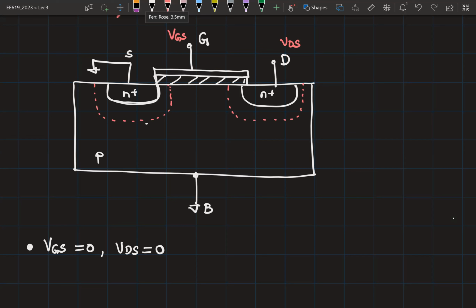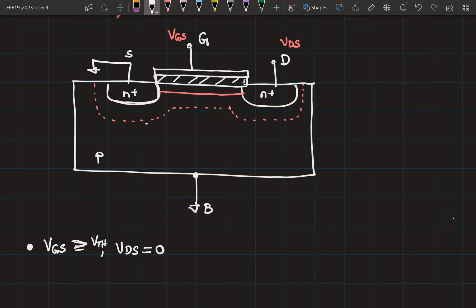Now, as you increase your VGS, you will have a depletion region being formed under the channel, formed under this gate. And then you will also have a channel forming under this. Okay, so this is for VGS greater than VTH, and my VDS is still equal to 0.